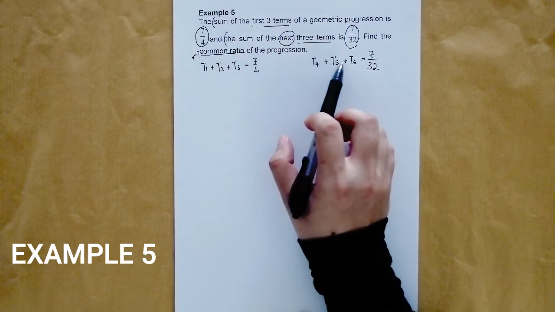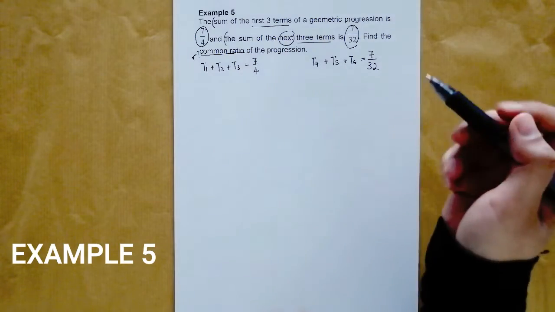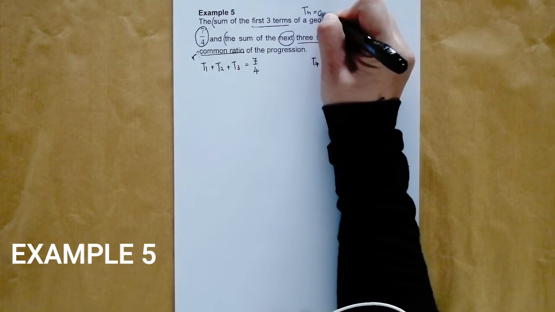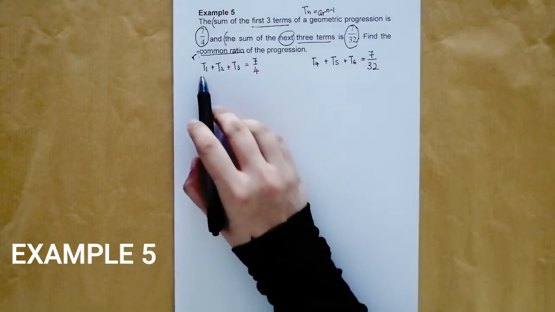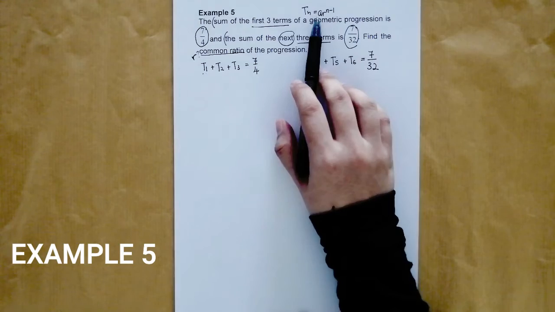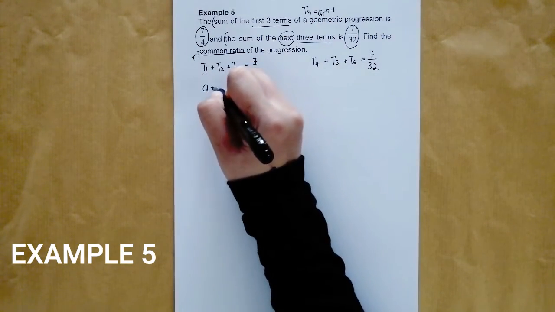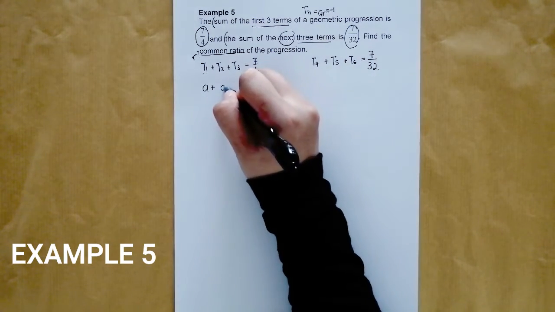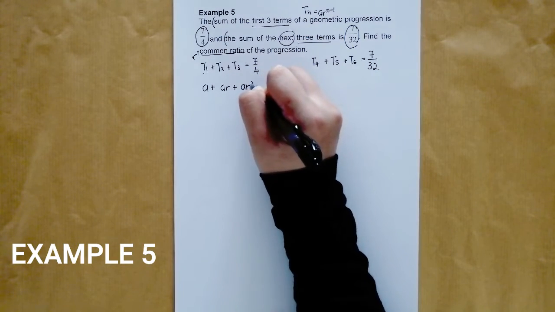You are given two pieces of information. Okay, we can use the formula of Tn equal to AR to the power of n minus 1. Alright, for T1, based on this formula, you will get A, T2 you get AR, T3, AR squared.